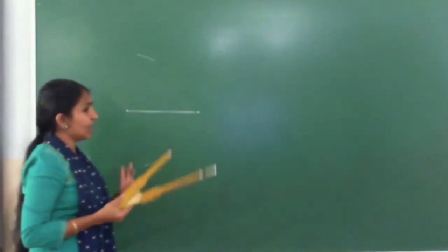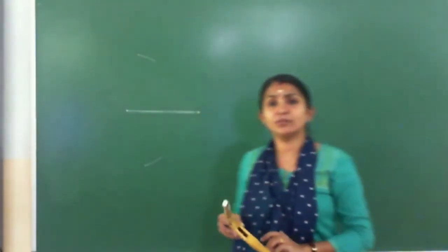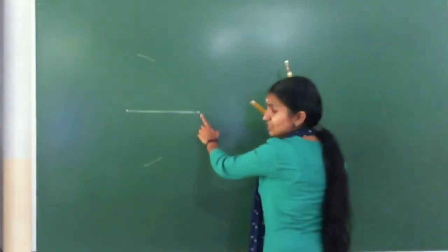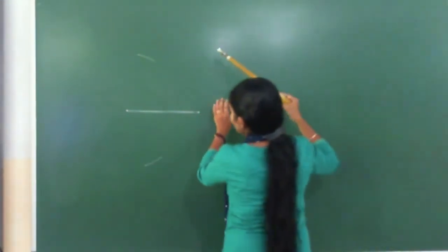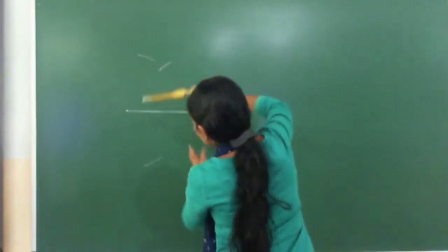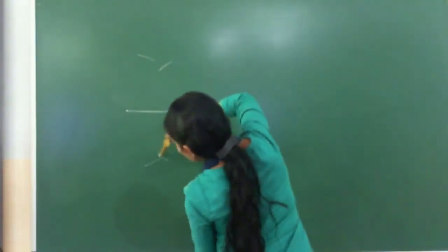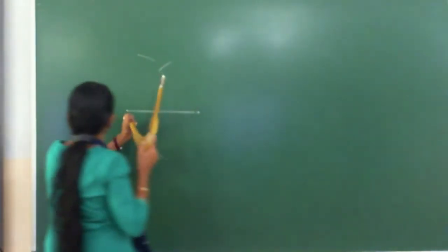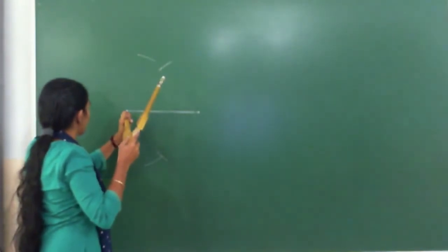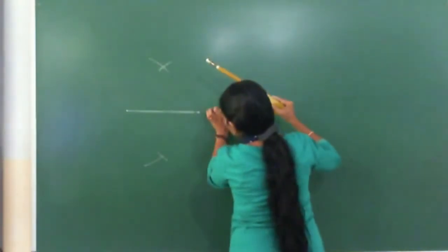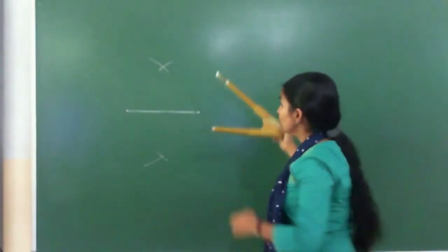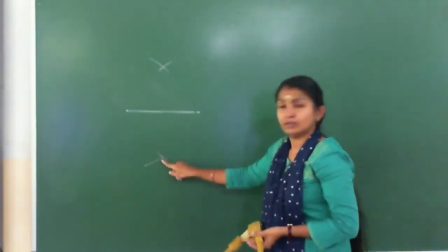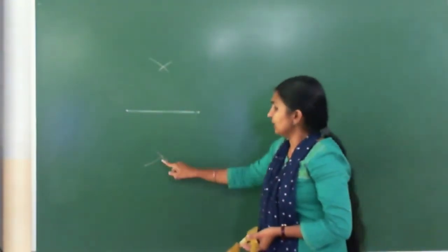Now we keep the same radius in our compass. Now on the next side, we keep it on that point. So we got 2 arcs, which means both intersected.